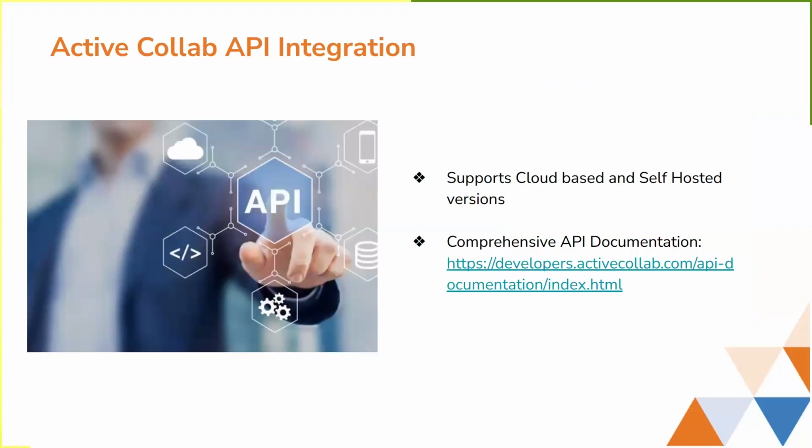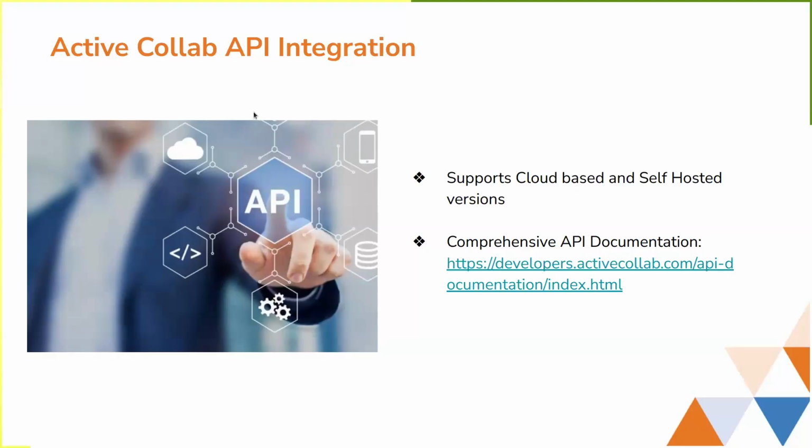Now coming to this ActiveCollab API integration. There are two versions of ActiveCollab. One is cloud-based, where you actually use the ActiveCollab on their cloud-based servers, and the other is the self-hosted version, wherein you purchase the ActiveCollab and host it on your organization's server.